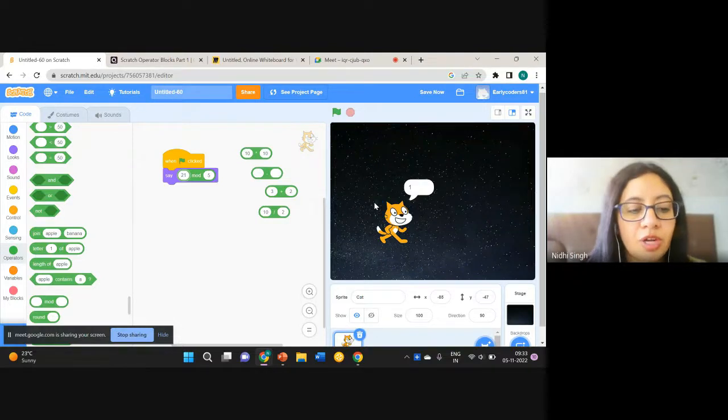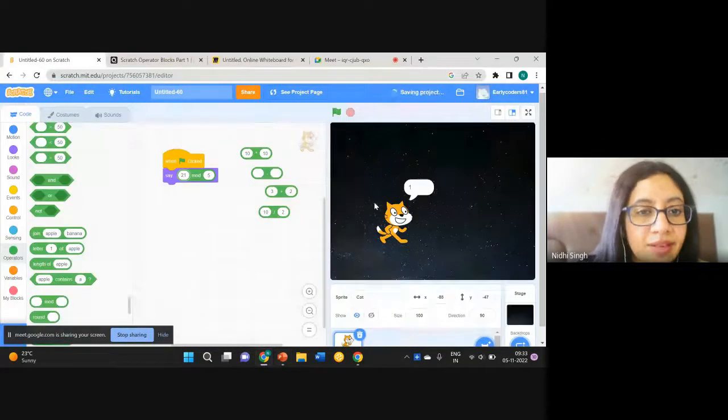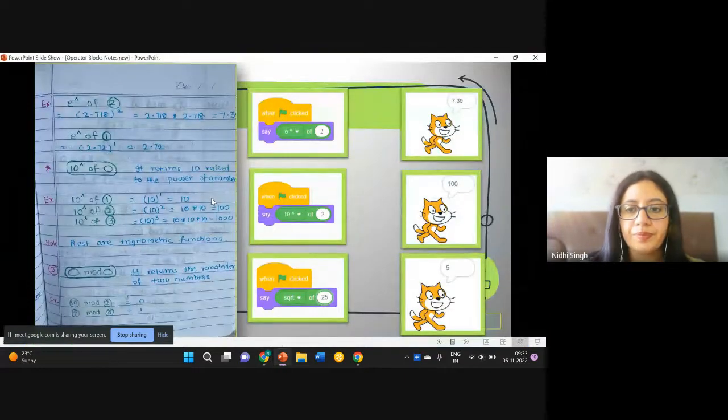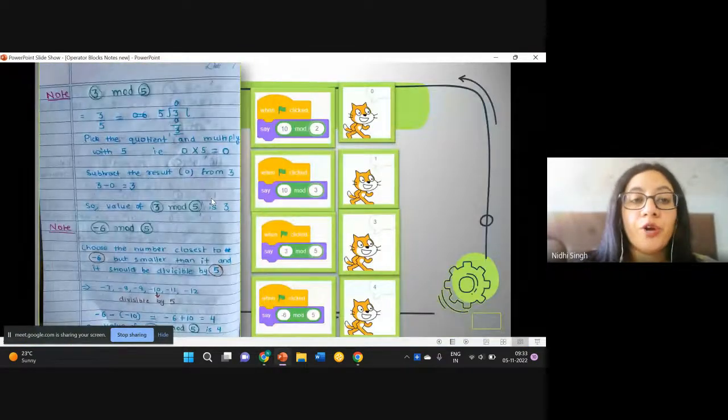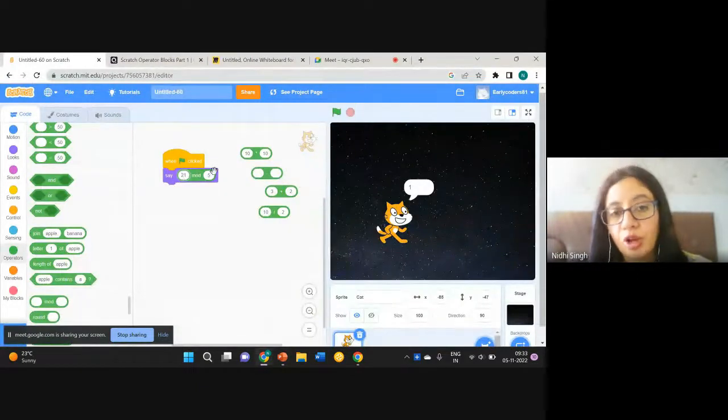So this is about the modulus operator. We write it as mod, and the full form is modulus. Now this is about dividing a bigger number by a smaller number.